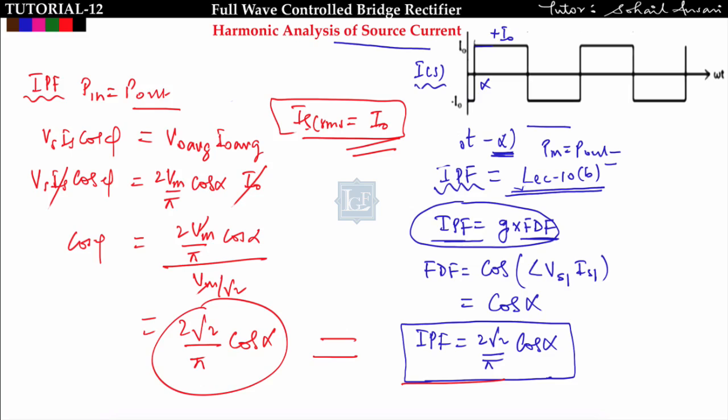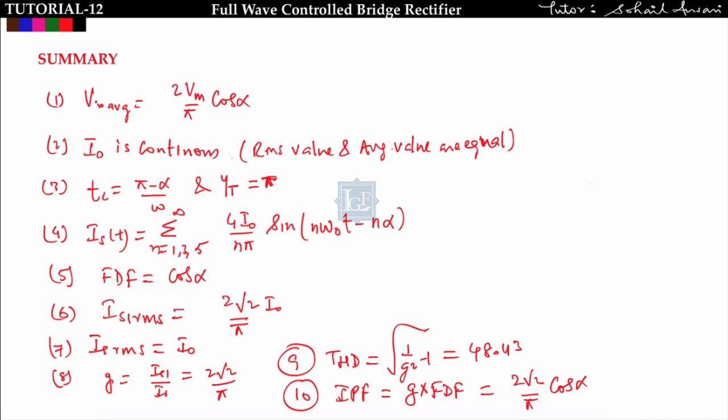So let us summarize the formulas we got in this full wave controlled bridge rectifier, taking load current as continuous. You have to remember these things. V naught average is equal to 2 Vm upon pi into cos alpha. I naught is continuous, so its RMS and average values are equal. Circuit turn off time is equal to pi minus alpha upon omega. Conduction angle of the thyristor, from alpha to pi plus alpha, is equal to pi.